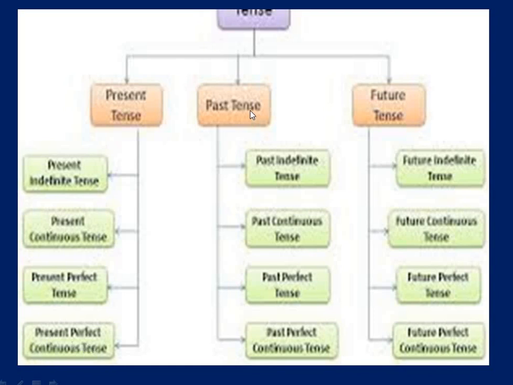Now we move to the other part, past tense: past indefinite tense, past continuous tense, past perfect tense, past perfect continuous tense. Third one is future tense: future indefinite tense, future continuous tense, future perfect tense, future perfect continuous tense. So this chart indicates all the 12 parts of the tenses. Now each one I will be explaining to you.